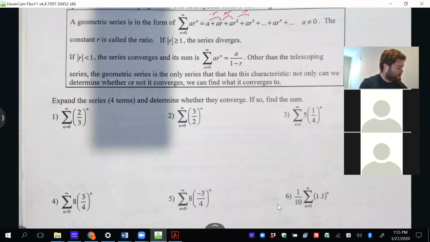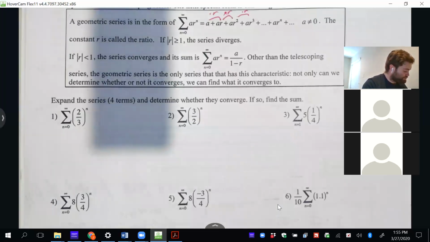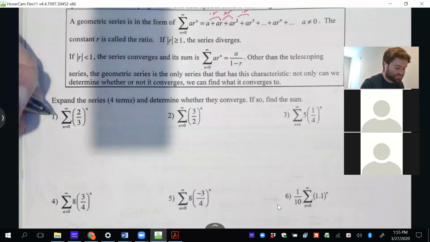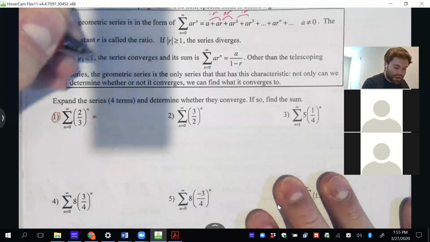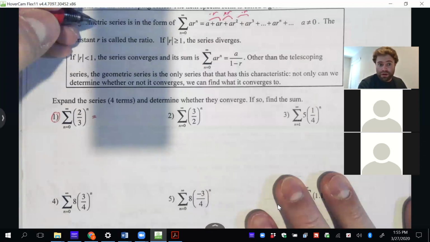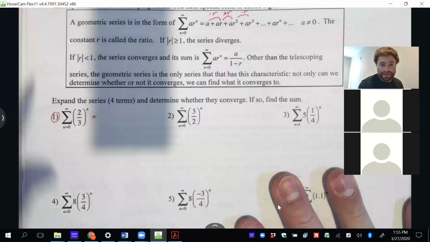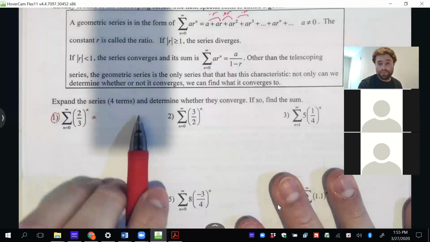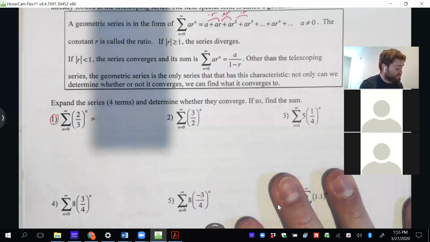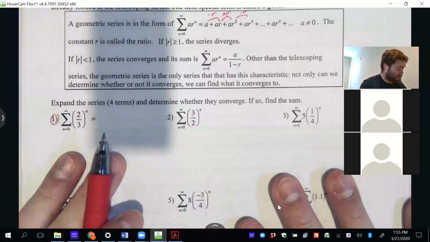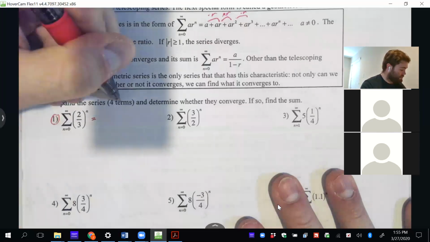So looking at number 1. Again, you don't have to write out the first 4 terms all the time. This is asking us to. They wouldn't ask you to do that on the AP exam, but it's very helpful to see what is happening. So I'm going to write out the first 4.